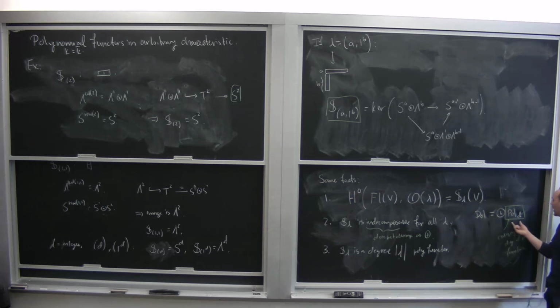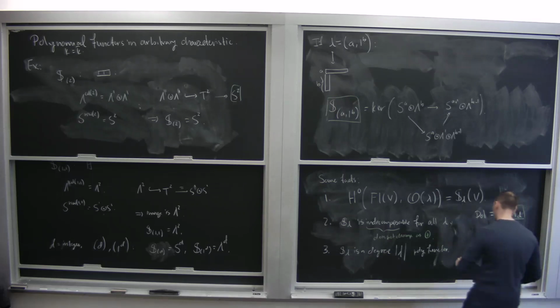And if I package all of this information together, this whole category Pol actually inherits a monoidal structure. I can take the tensor product of two polynomial functors. And if you think about this in terms of matrices, this takes the Kronecker product. And the entries of the Kronecker product are going to be additive in the degrees of the original entries.